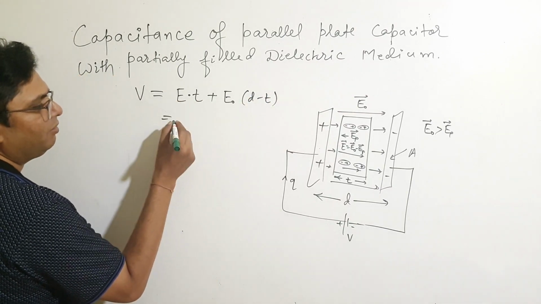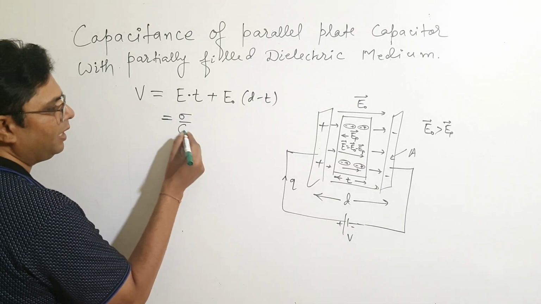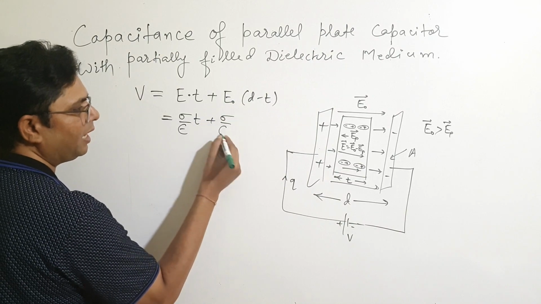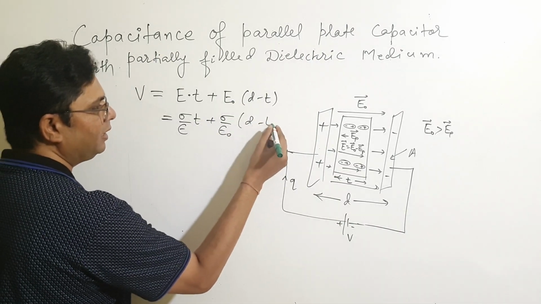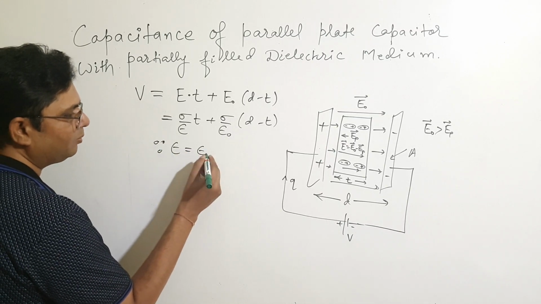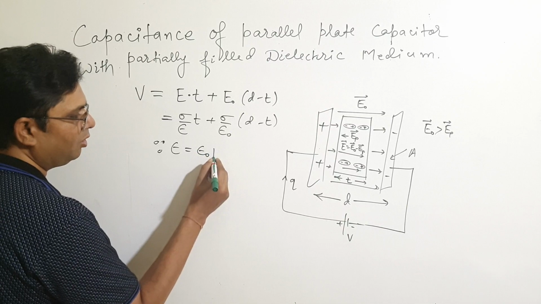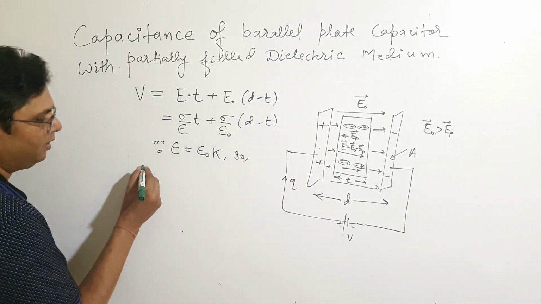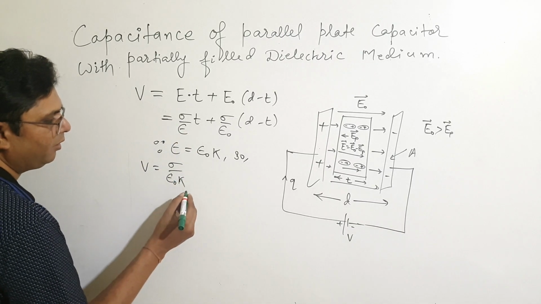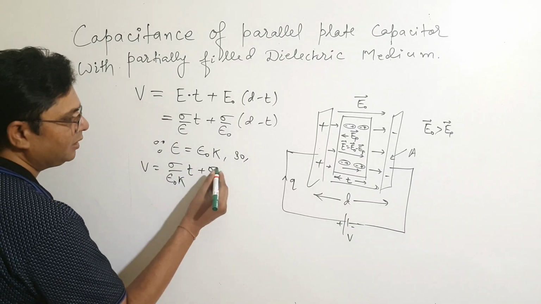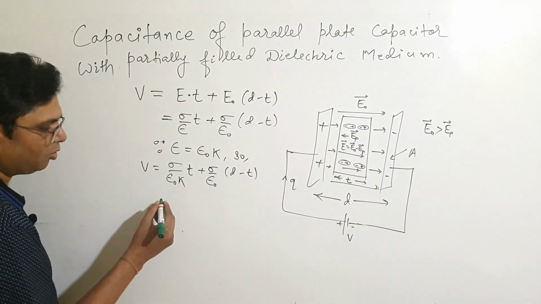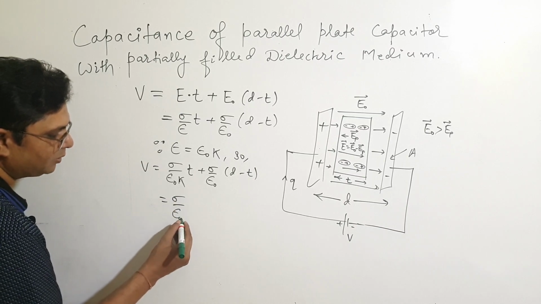Now you know that electric field is equal to sigma by epsilon. Here the electric field E naught is sigma by epsilon naught, acting over D minus T. As you know, epsilon equals epsilon naught into K. So you write V equals sigma by epsilon naught K into T, plus sigma by epsilon naught into D minus T. Take out the common term sigma upon epsilon naught.